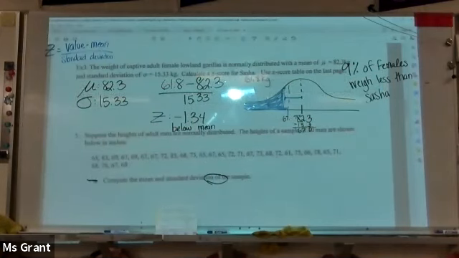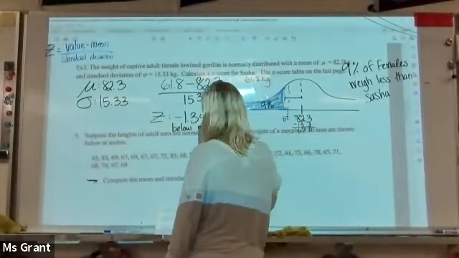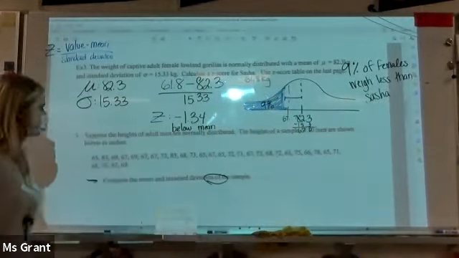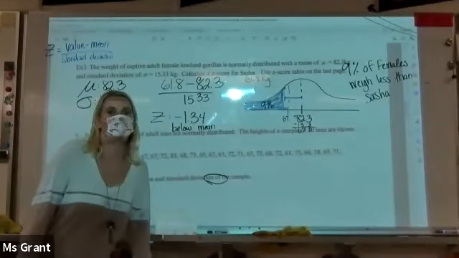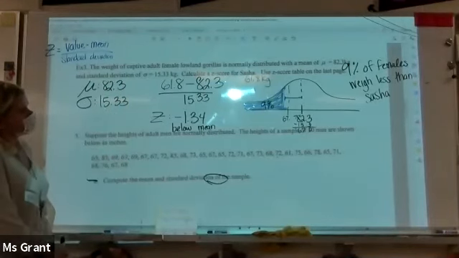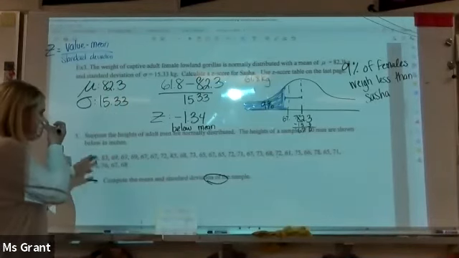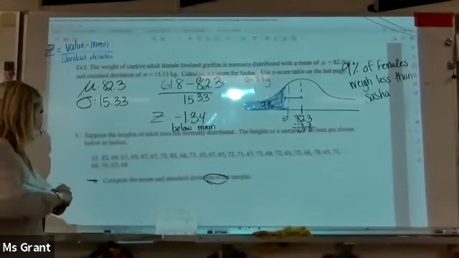There I go. My shaded area is about 9%. Okay, so we're not going to do number 5 right now. I just want to recap.